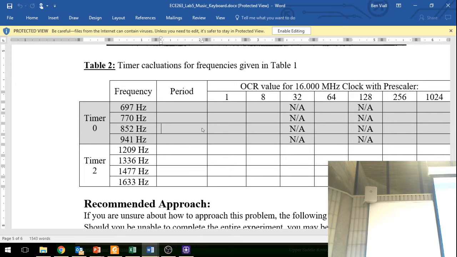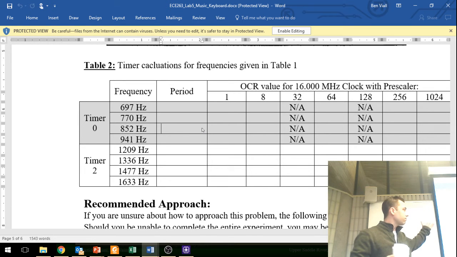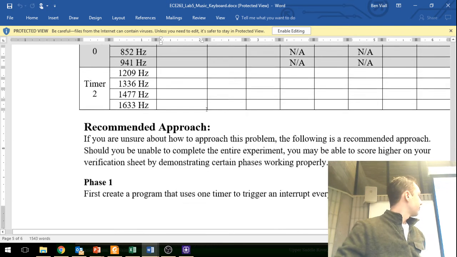You can put 3 in, you can put 4 in. Probably 4 is closer. Okay, so put 4 in here. Then calculate the reverse. If you put 4 into the OCR register with a divider of 256, what frequency do you actually end up obtaining? Is it close enough to 852 hertz to pass muster, to calculate your percentage error?